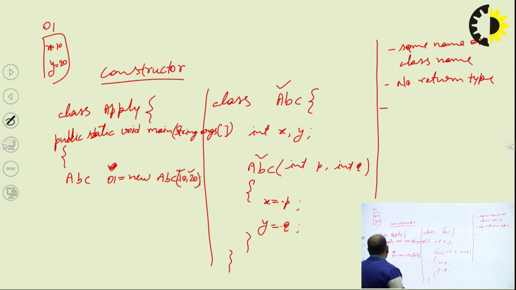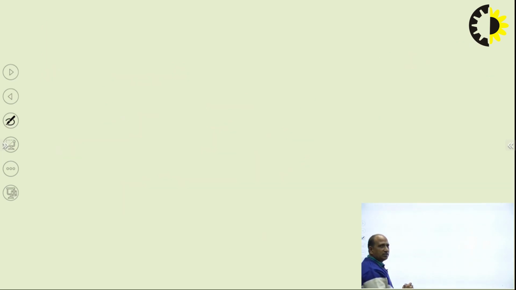Let's understand what will happen if we don't have the constructor. Let's move to the next, and let's understand if we don't have any constructor, then how the same task may be performed.